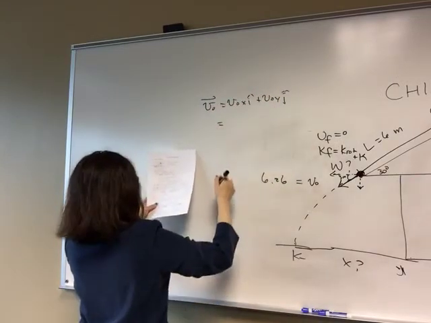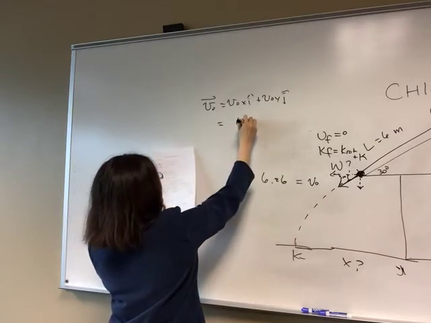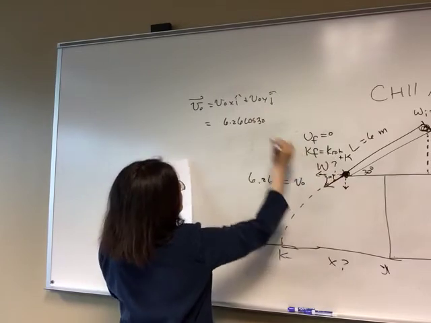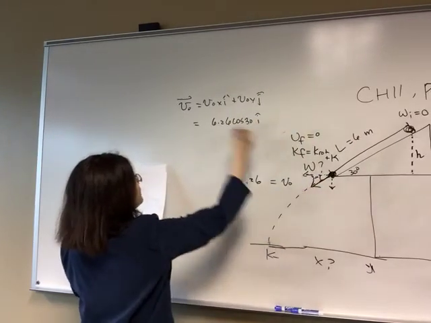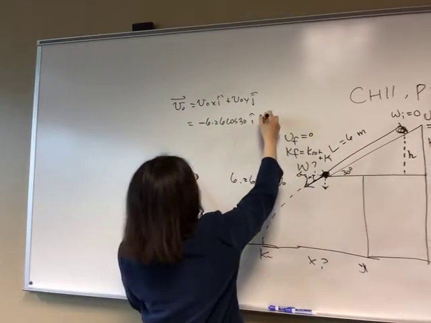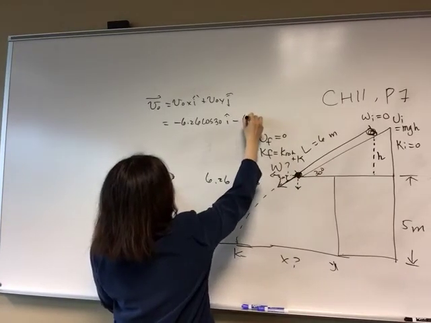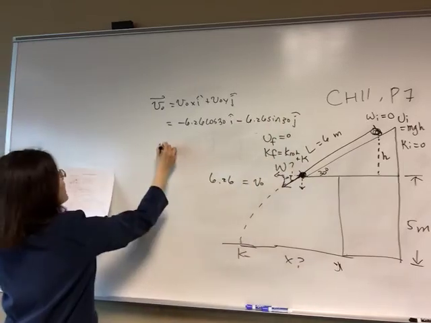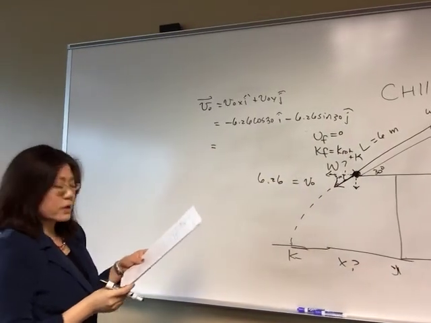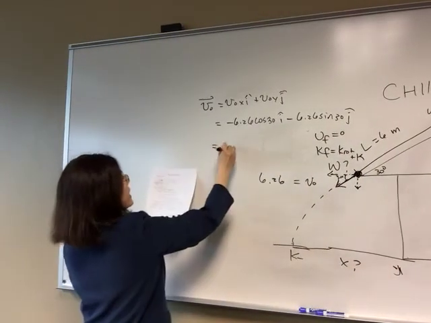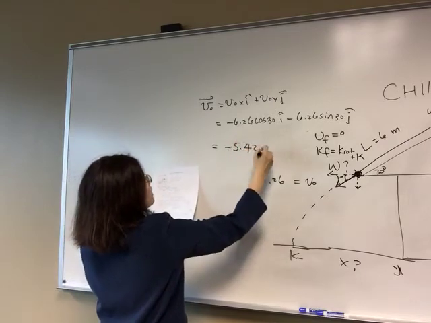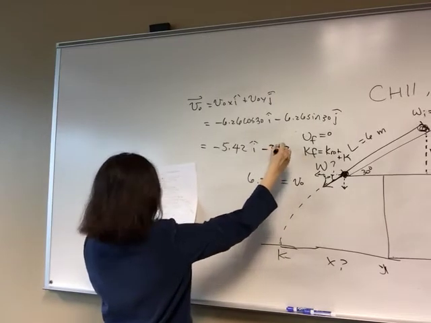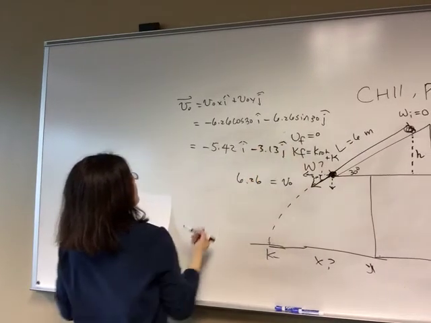Your v naught x is 6.26 times cosine 30, because it's adjacent to the angle, and then i hat, and it's negative. Your y component is also negative: it's sine 30, and then j hat. So numerically, your horizontal component will have a value of negative 5.42 i hat, and vertically, it has negative 3.13 j hat, in meters per second.